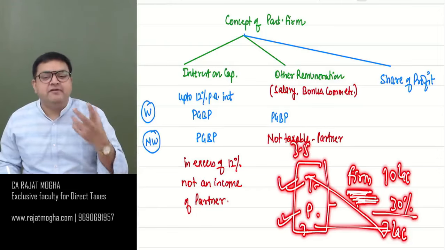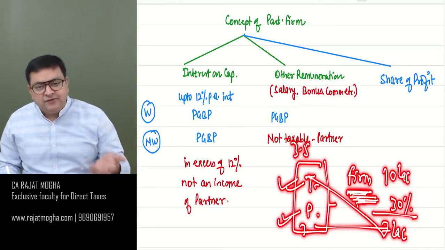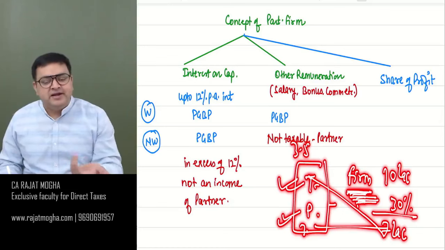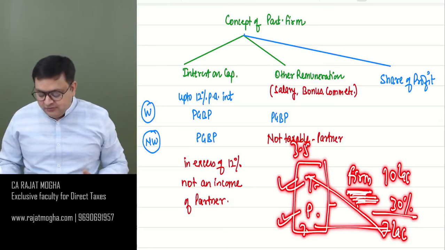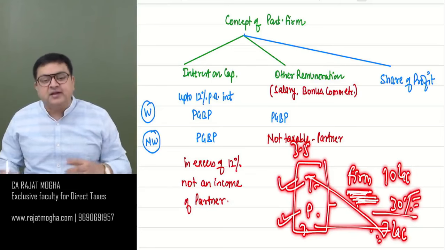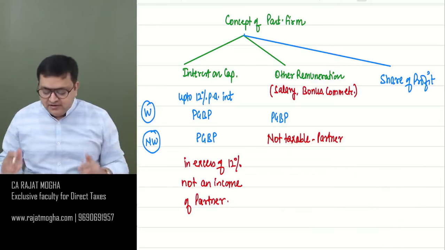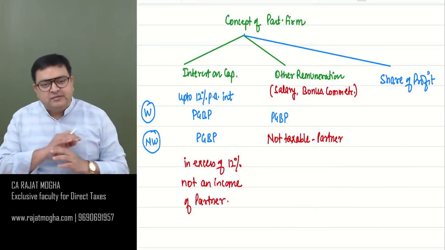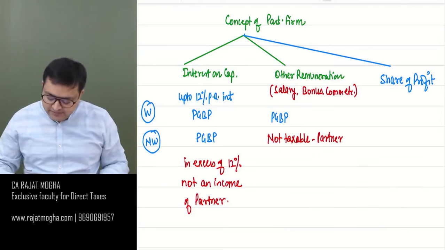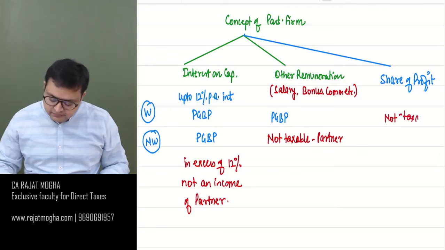It would be a very big hardship on them. Their firm has paid 30%. You can't say that the firm has paid it. Who is the firm? Indirectly partners. So if the firm has paid 30% tax, now if after tax we are getting the money, then should we again pay tax? Never. Share of profit is not taxable in the hands of the partner. Whether they are working, non-working, doesn't matter. Not an income, not taxable at all.